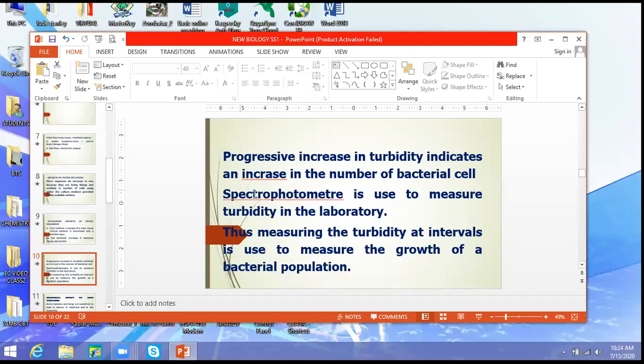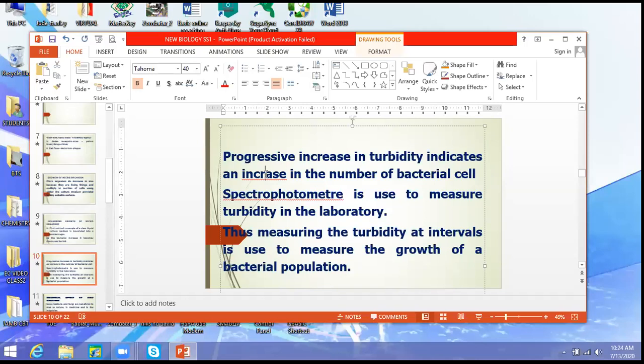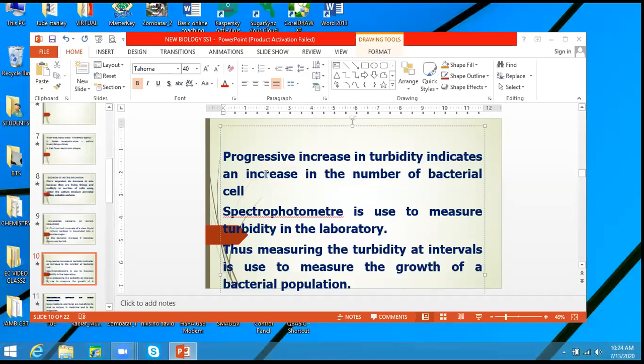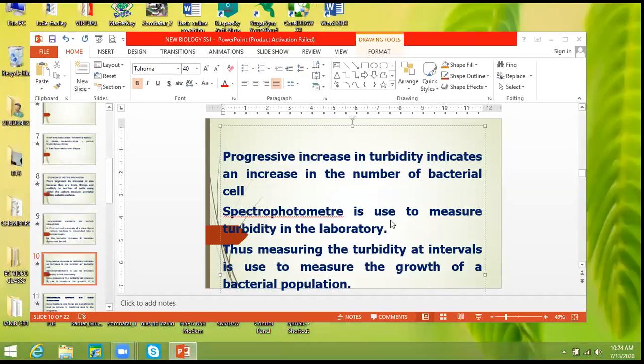Now, there's an instrument we use to measure it when they have increased and become cloudy. It is called a spectrophotometer. It's used to measure the turbidity in the laboratory of that nutrient agar.